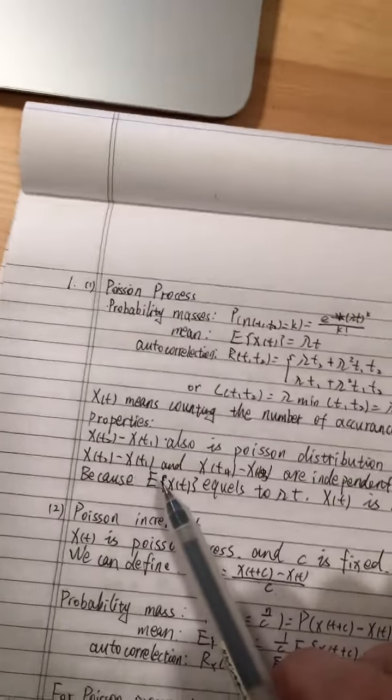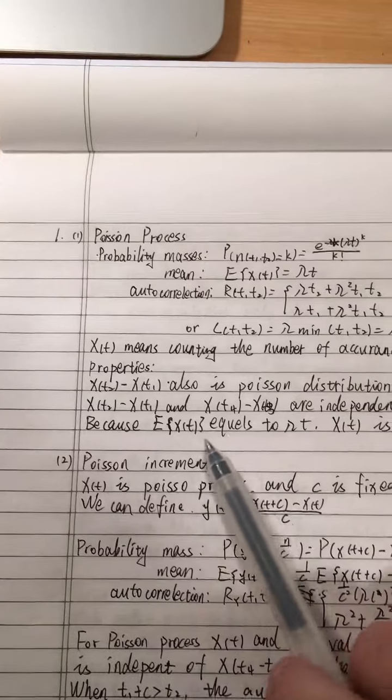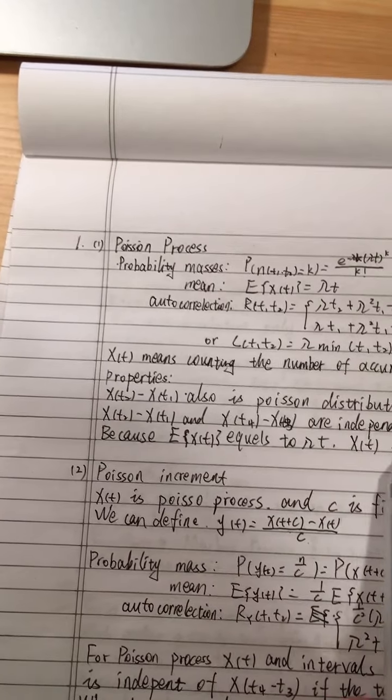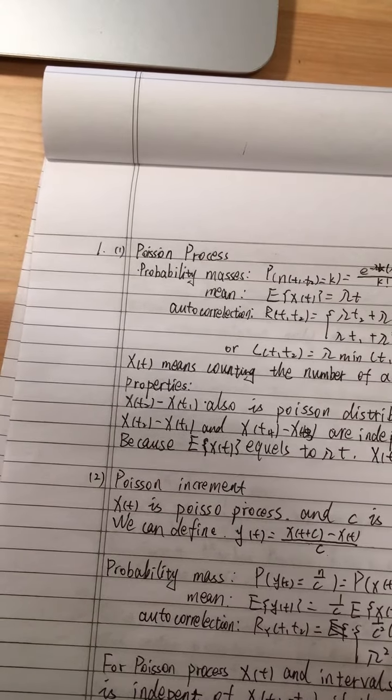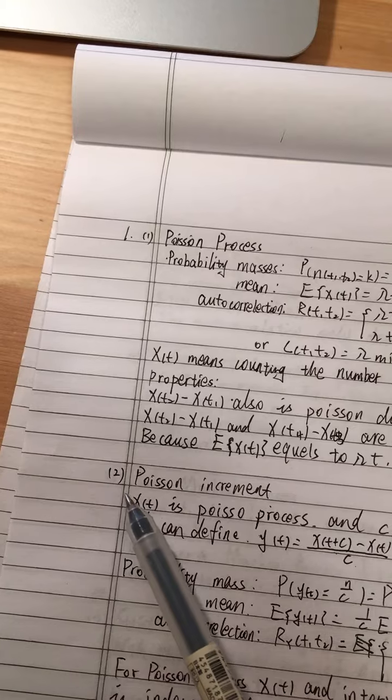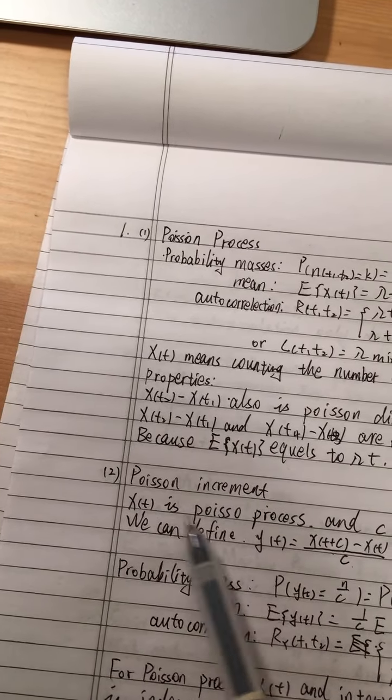And because E[X(t)] equals lambda multiplied by t, X(t) is not WSS.